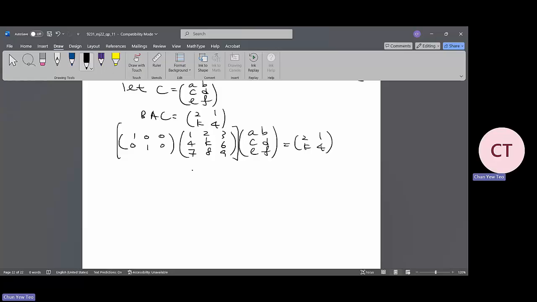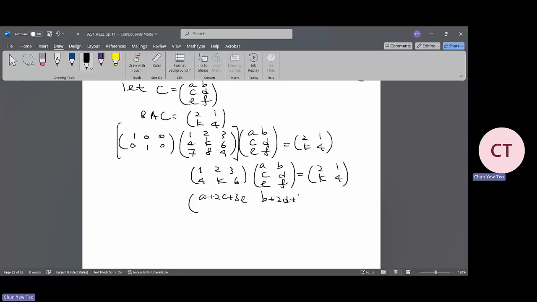So if you multiply these two, then you will get this one as 1, 2, 3, and then 4K6, multiplied by A, B, C, D, E, F. So if you multiply further, you will get A plus 2C plus 3E, B plus 2D plus 3F, and 4A plus KC plus 6E, then 4B plus KD plus 6F equal to the 2K14.